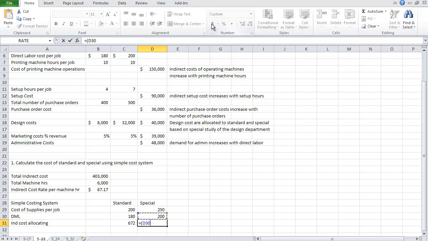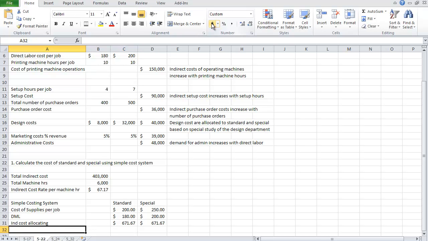Now this happens to be 10 hours for a special. If it were different, obviously we would multiply whatever the hours are. We multiply it by the rate we calculated. I'm not sure that that actually came through with enough decimal points, so let's look at it like that. And then we will come up with our total cost per job using a simple job cost system.